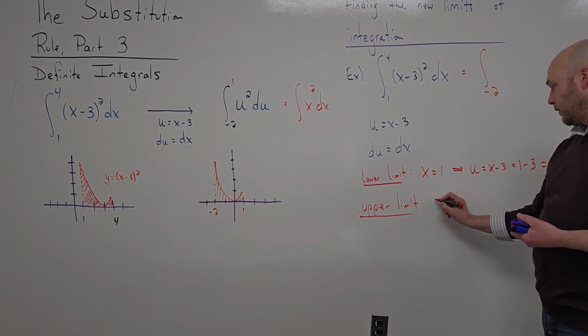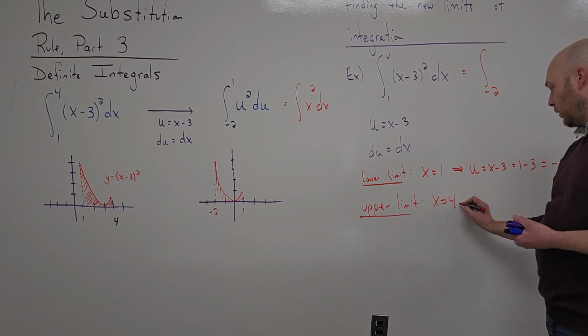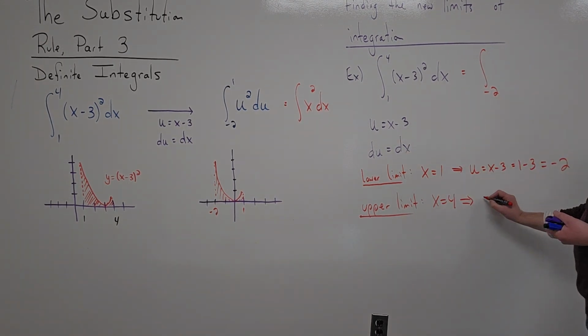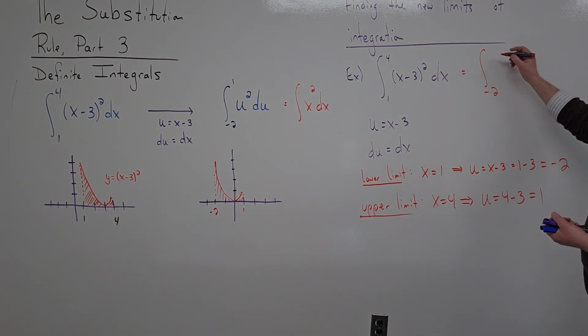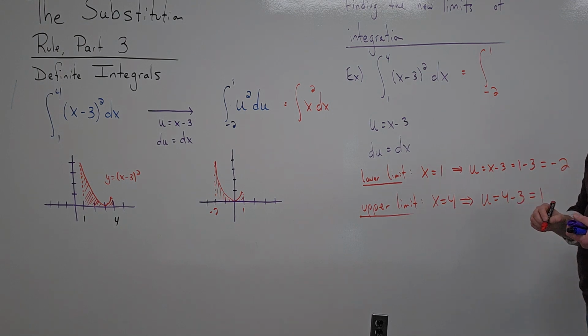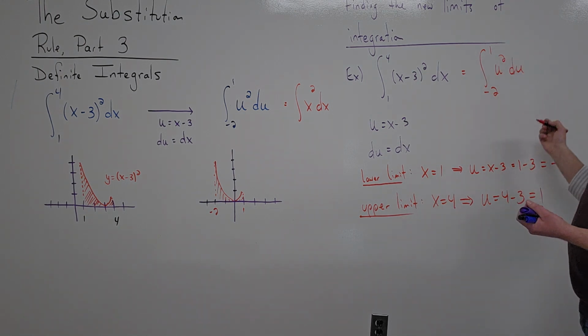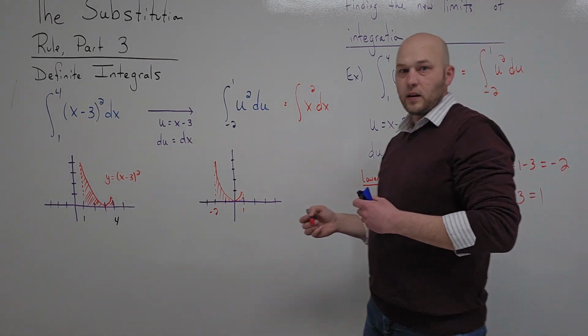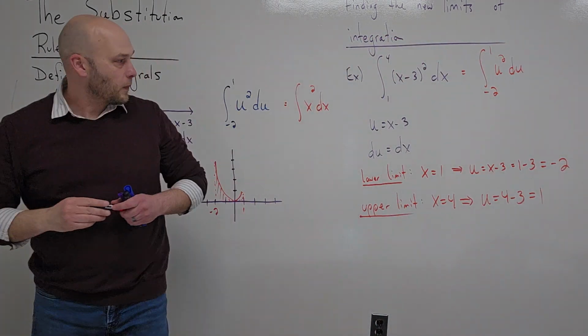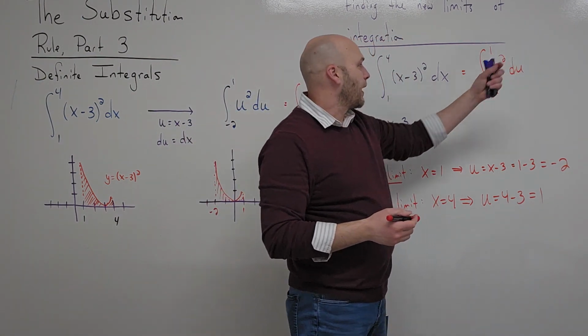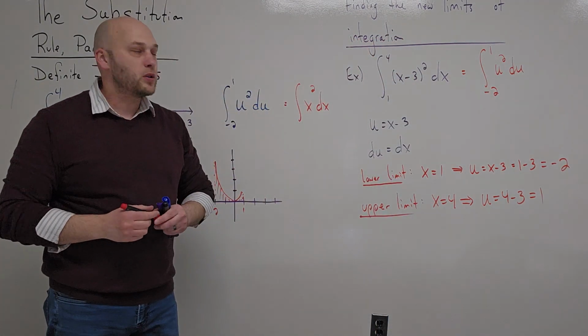And then for the upper limit, originally the upper limit of integration was x is equal to 4, and then when I substitute that into this right here, I get u is 4 minus 3, which is 1. So my new upper limit of integration would be 1, and again, u squared du when I substitute in the new variable and the new differential. And then to complete that, we might as well just go ahead and do it.